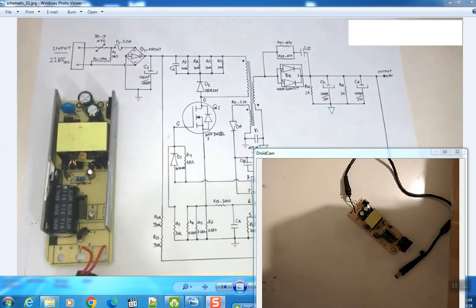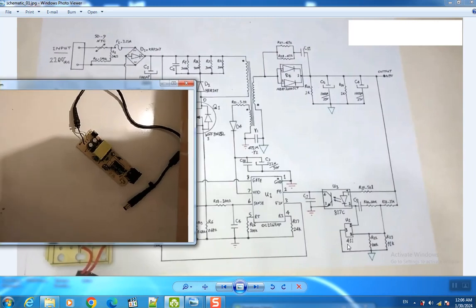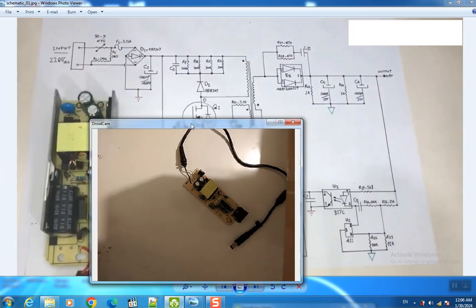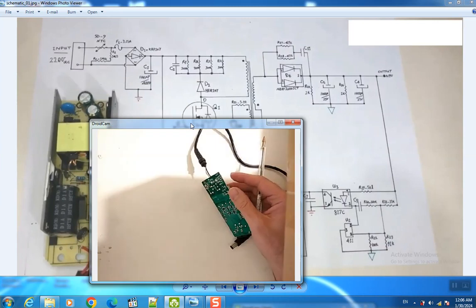It is very similar to this one, and 431 with 3 pins, which is very similar to this one.